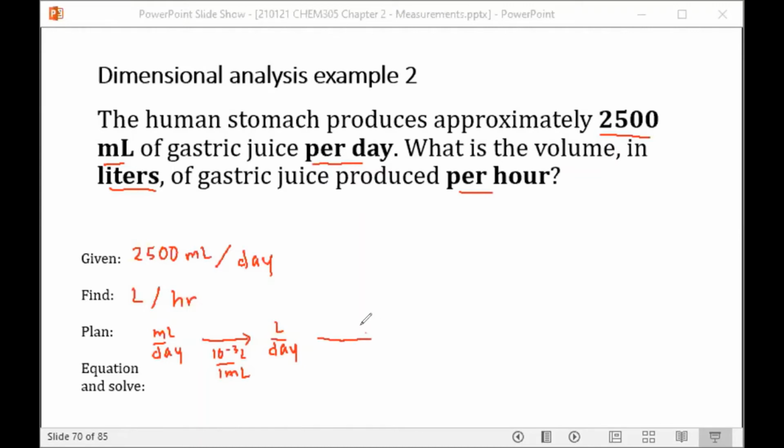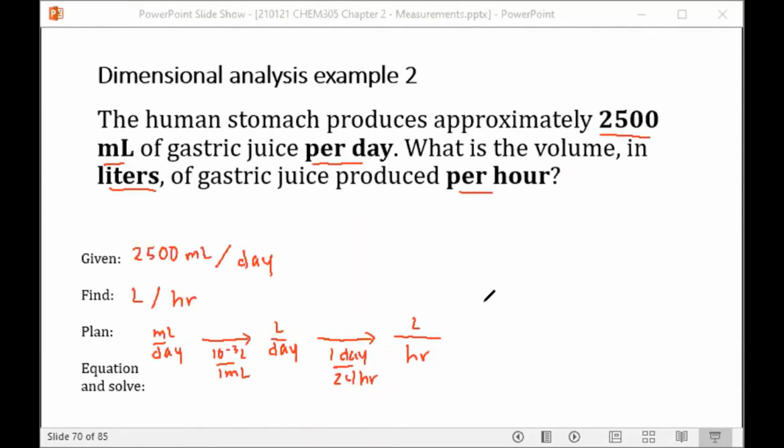So the next thing I need to do is convert days to hours because we need hours in the denominator. And once I do that, I'll end up with liters per hour, which is what I'm trying to find. My conversion factor to go from days to hours is that for every 1 day, there's 24 hours.